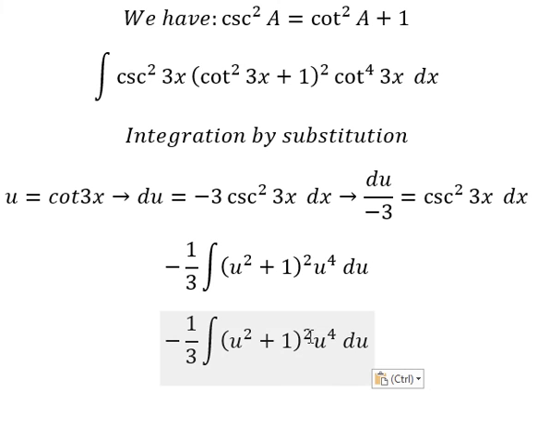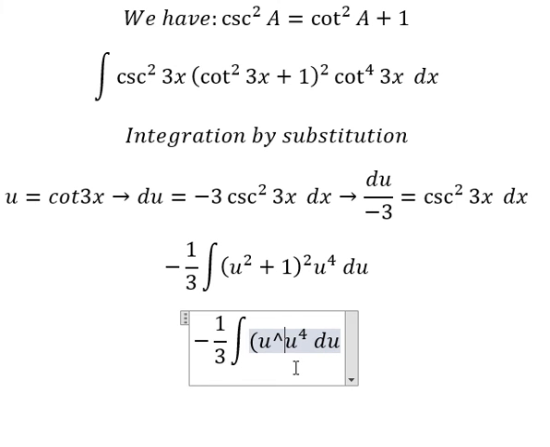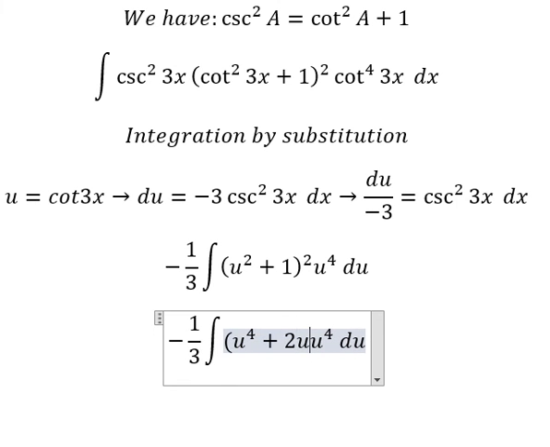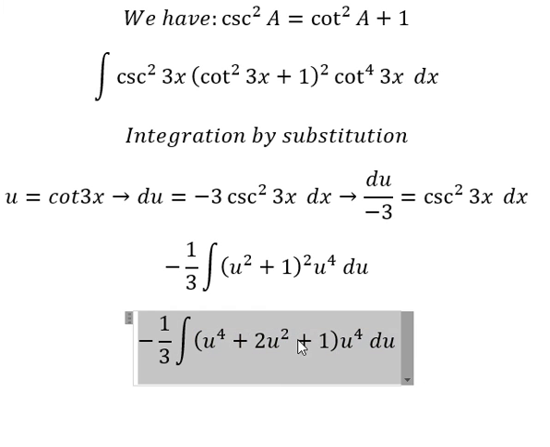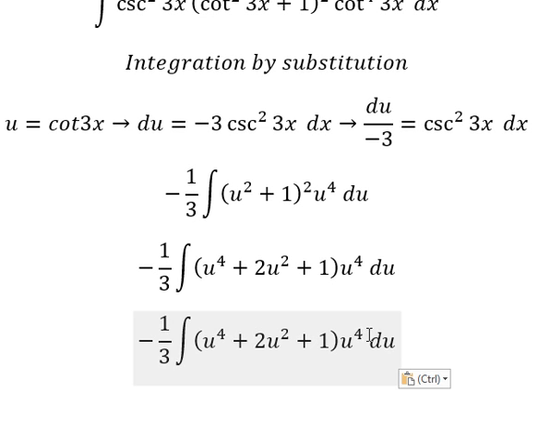And now we need to expand this one. Next, u to the power of 4 multiplied by this one, and number 1.